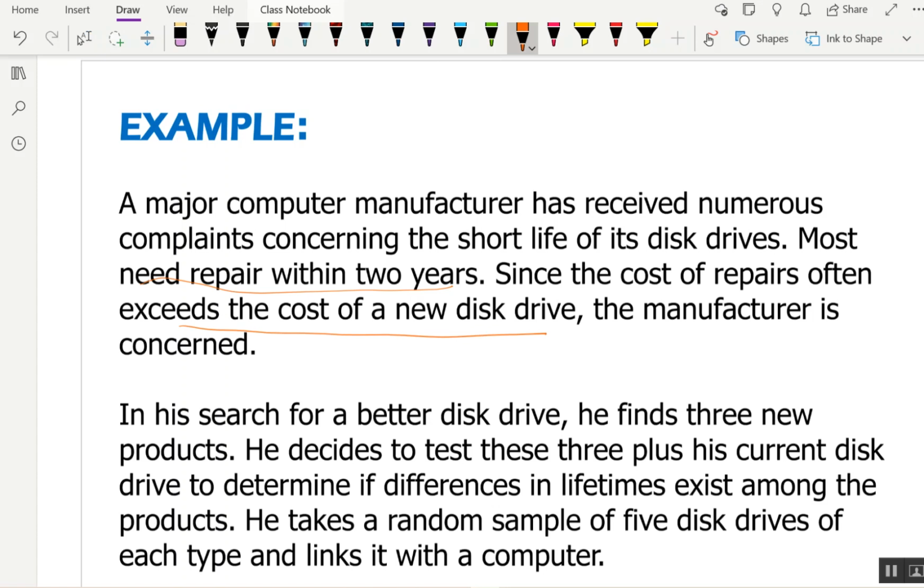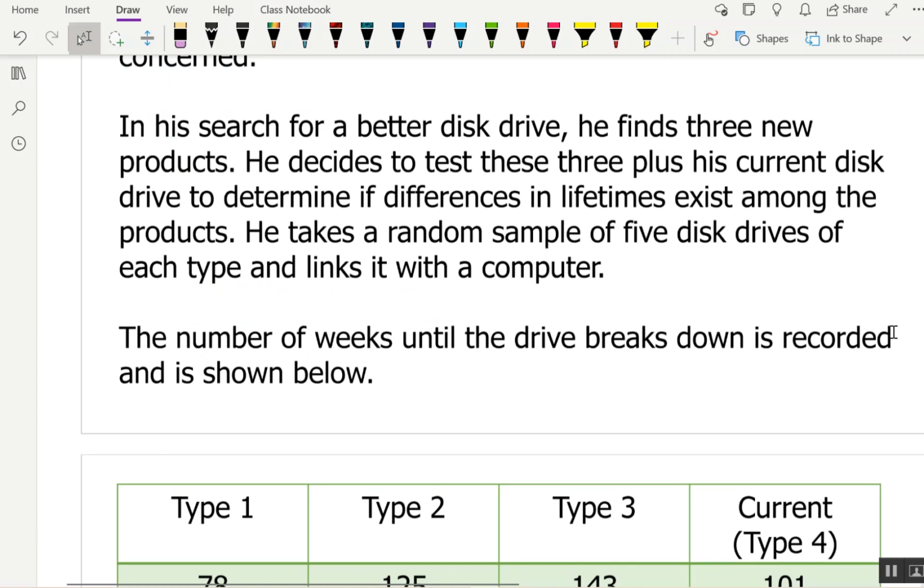In his search for a better disk drive, he finds 3 new products. He decides to test these 3 plus his current disk drive to determine if differences in lifetime exist among the products. So he is comparing 4 populations or groups here.